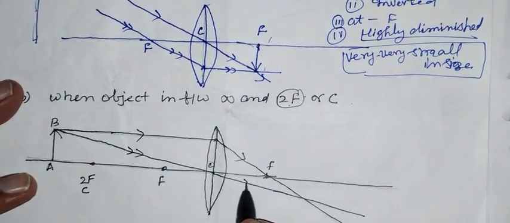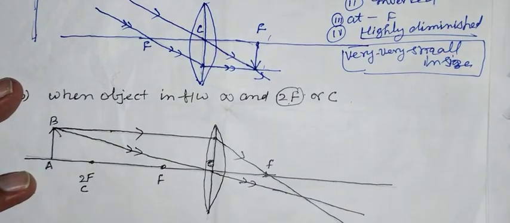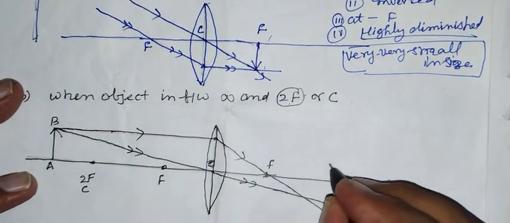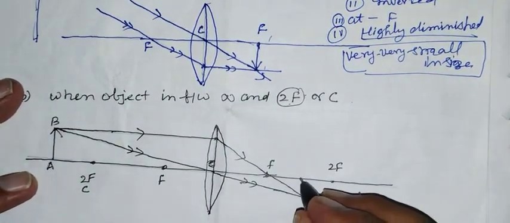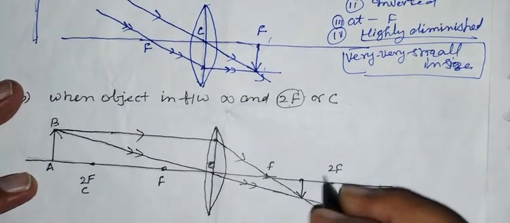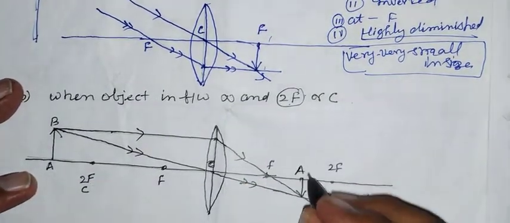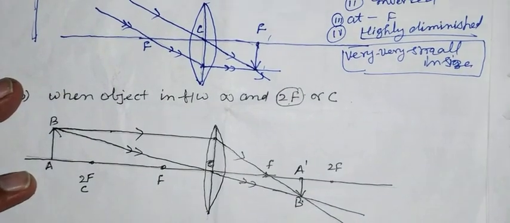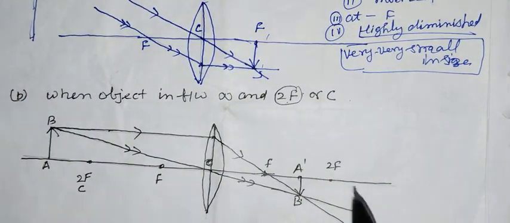No bending is obtained when it passes through the optical center O. This is the point 2F. The image of object AB is here, A dash B dash. So see where the image is formed.